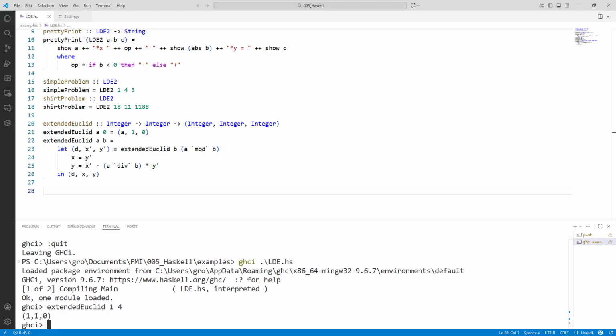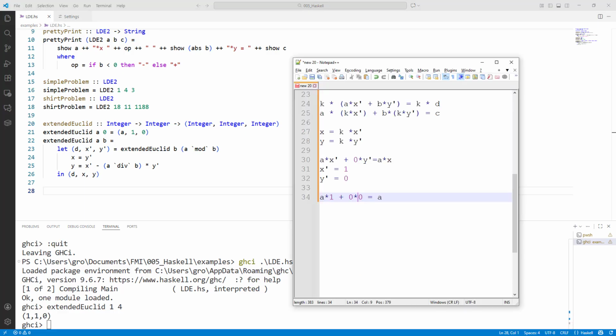Yes, it is 1, 1, 0. What is this giving us on the 1, 4? It is pretty much saying that D is 1, X prime is 1, Y prime is 0.